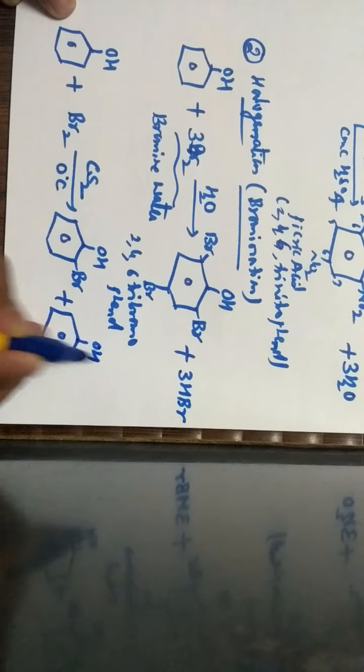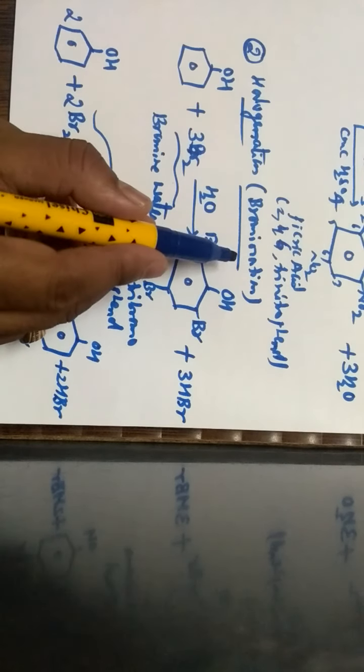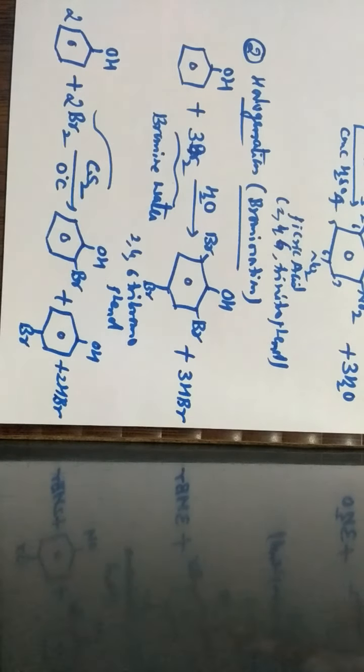So this is the balanced chemical equation when phenol is subjected to halogenation reaction, in particular bromination. After this, let us discuss one more chemical reaction of phenol, which is called the Friedel-Crafts methylation reaction. So the next one, that is the third one, is Friedel-Crafts methylation.